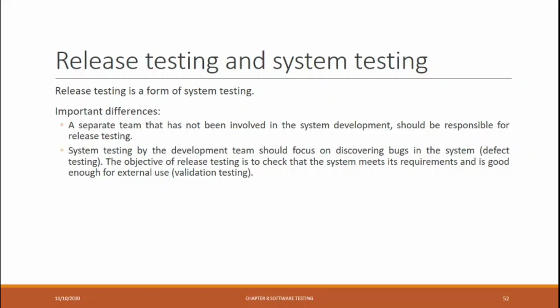System testing by the development team should focus on discovering bugs or defects in the system. The objective of release testing is to check that the system meets its requirements and is good enough for external use, that is, validation testing.